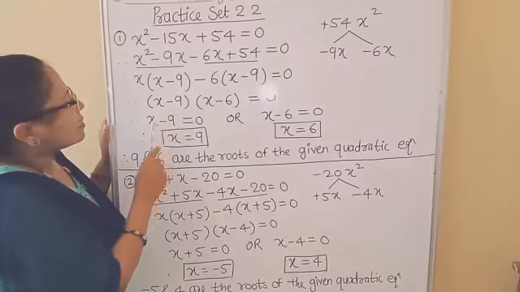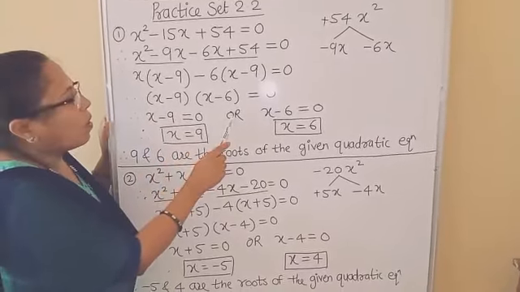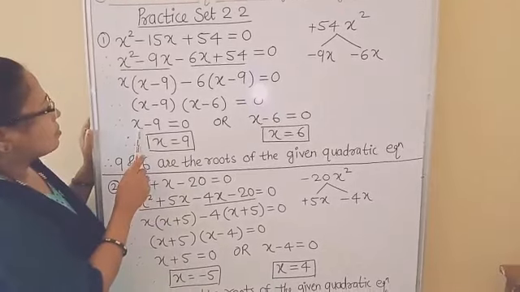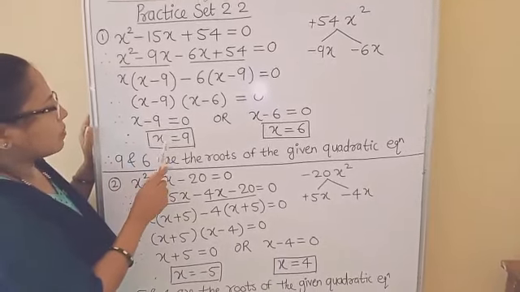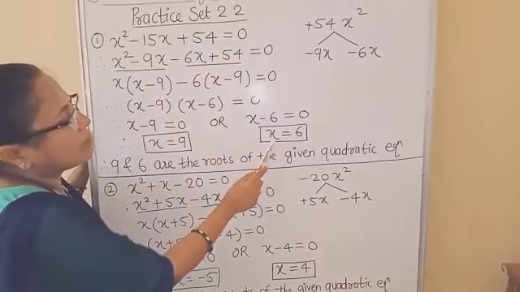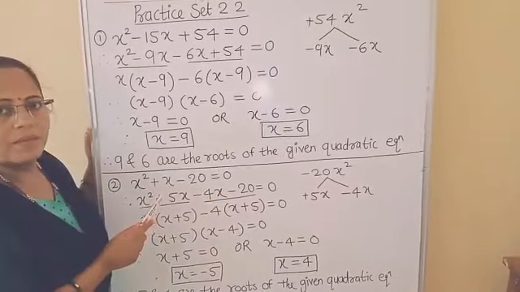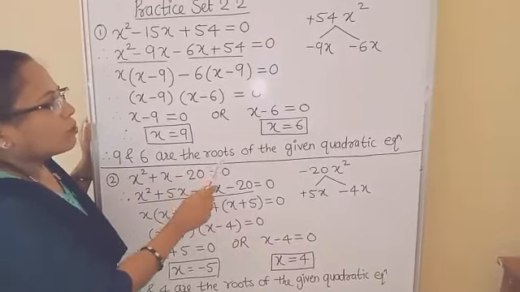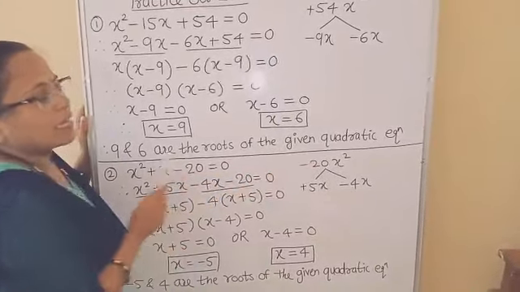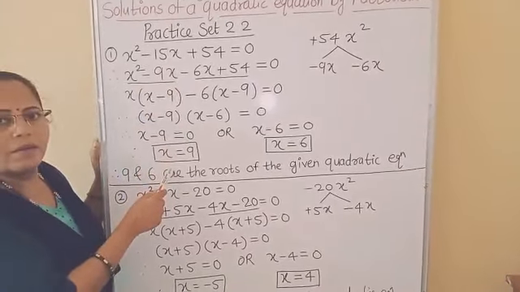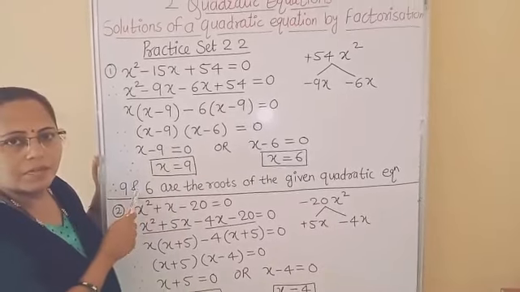So here either x minus 9 equal to 0 or x minus 6 equal to 0. So here we got two linear equations. x minus 9 equal to 0, therefore x is equal to 9. x minus 6 equal to 0, therefore x is equal to 6. So 9 and 6 are the roots of the given quadratic equation. Followed? This way we can solve a quadratic equation by using the factorization method.